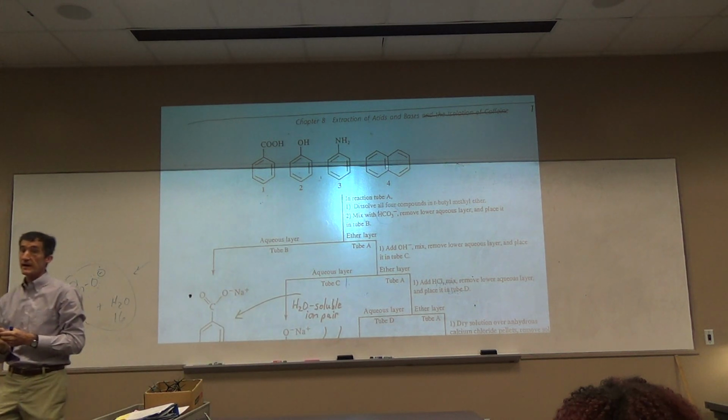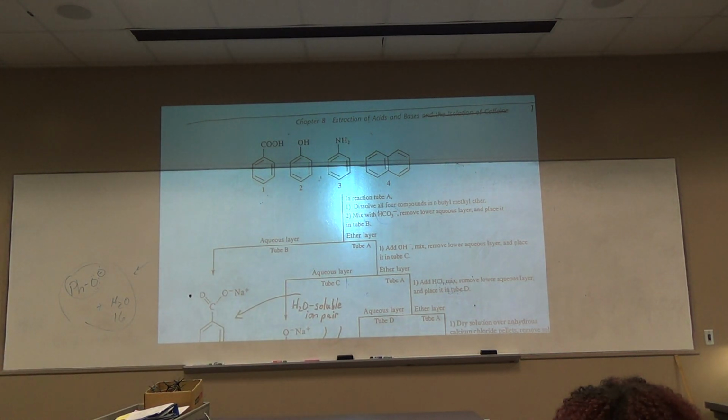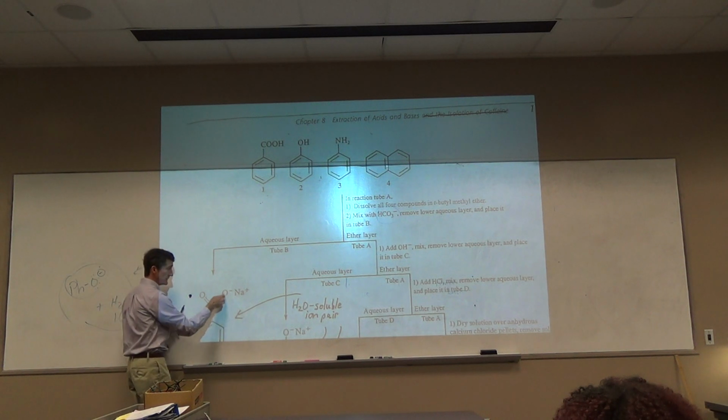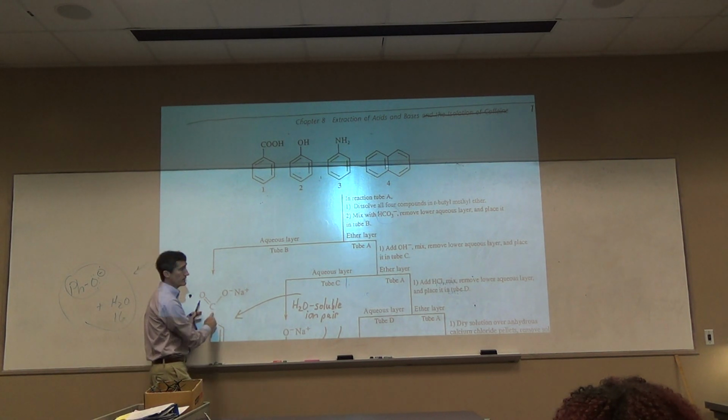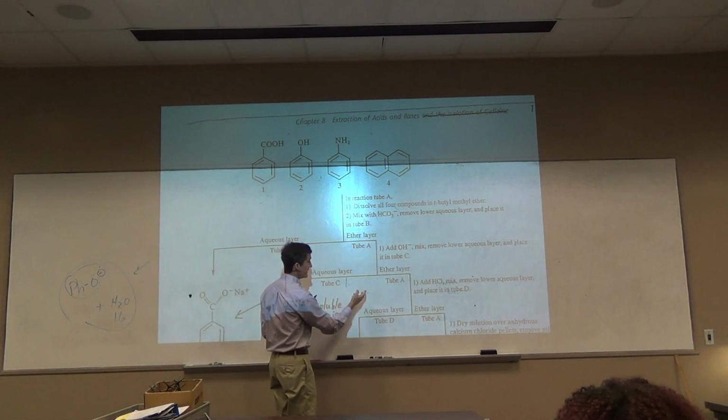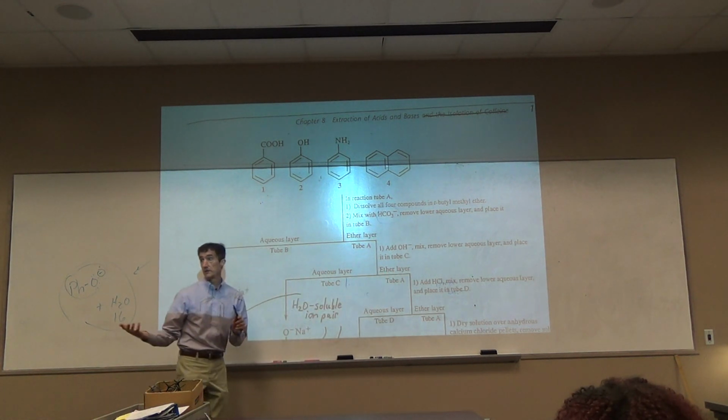Remember what we said earlier? Bicarbonate will deprotonate a carboxylic acid, but it will not deprotonate a phenol. And so the bicarb just turns the carboxylic acid into the anion. It goes into the aqueous layer. The other 3 remain in the ether layer, if you're using ether.